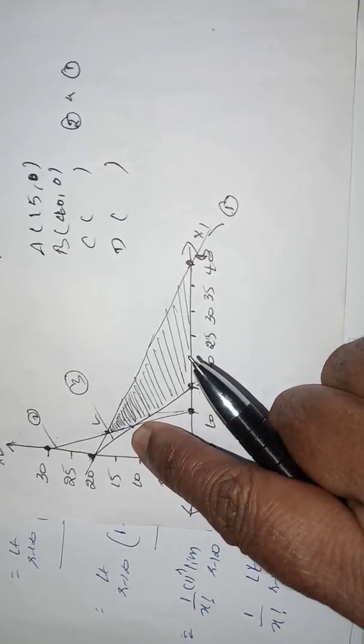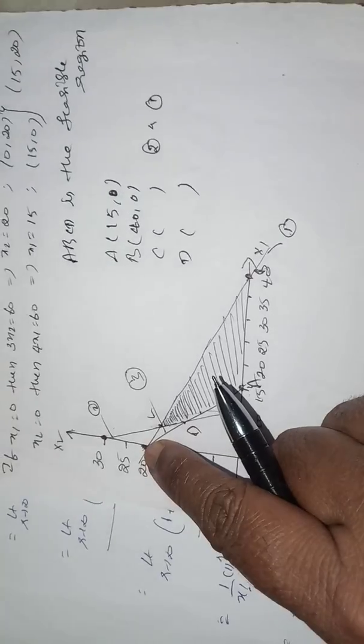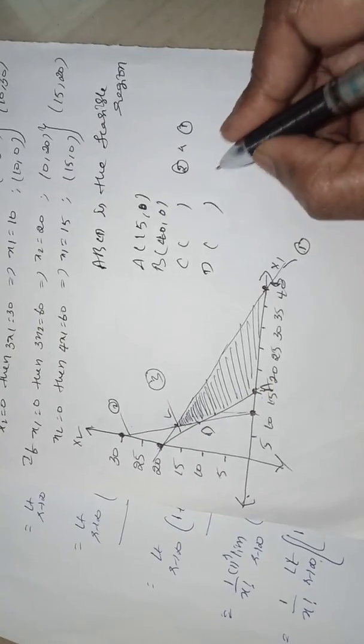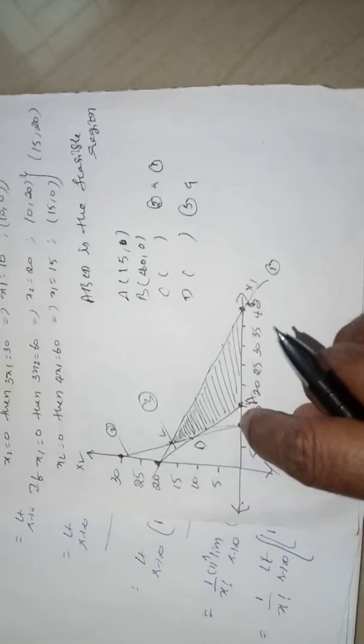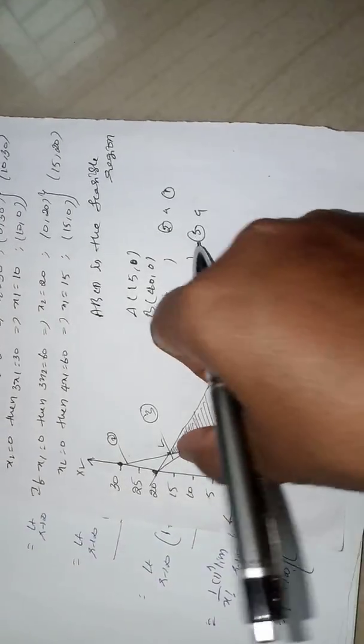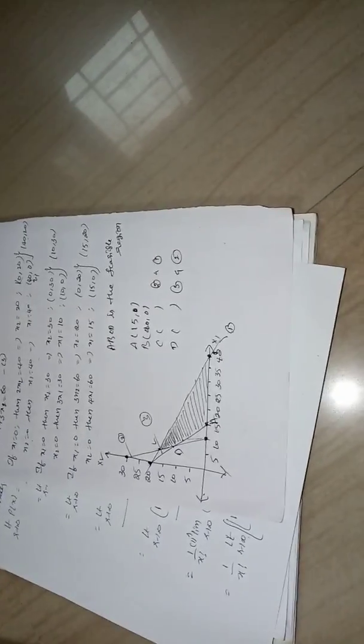For getting D, this is the D point. The D point is where equation 3 and equation 2 intersect. So by solving 1 and 2 you'll get C. By solving 2 and 3 you'll get D.